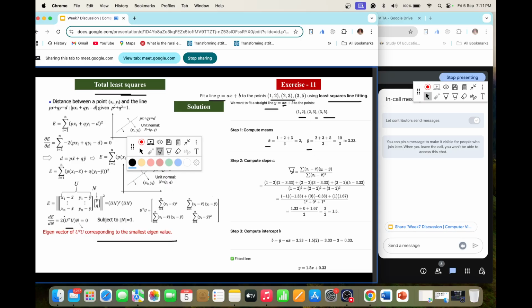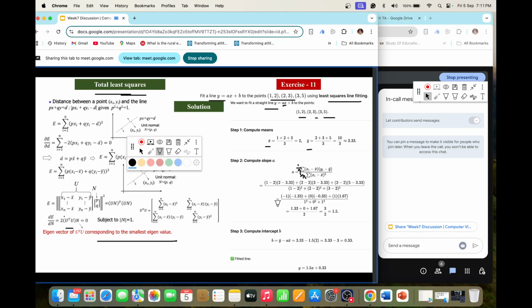That is the covariance of xy, with 1 by n, and the variance of x, also with 1 by n. As 1 by n is in both the numerator and denominator, it cancels, and we do not need to care about it.